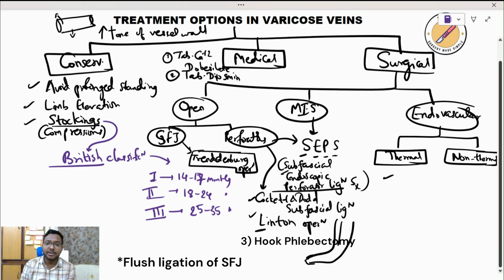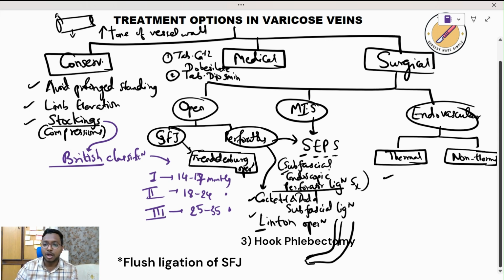To destroy it, we are mainly looking at only one important thing, that is deep venous system patency. If the deep venous system is good, then you can go and do the surgical options with the superficial venous system. So here we are using heat energy to destroy the superficial venous system by occluding the lumen of the vein.